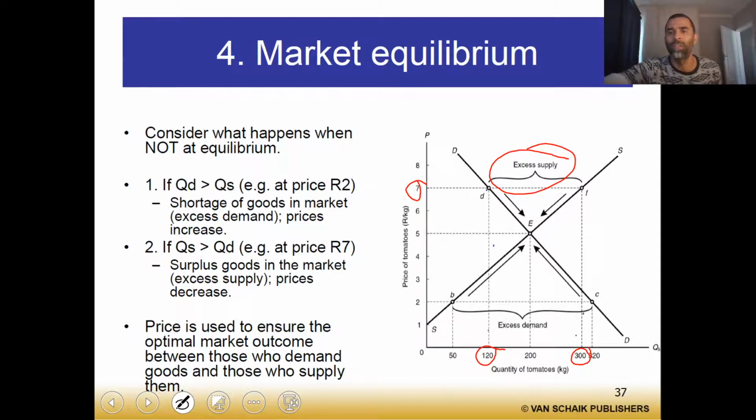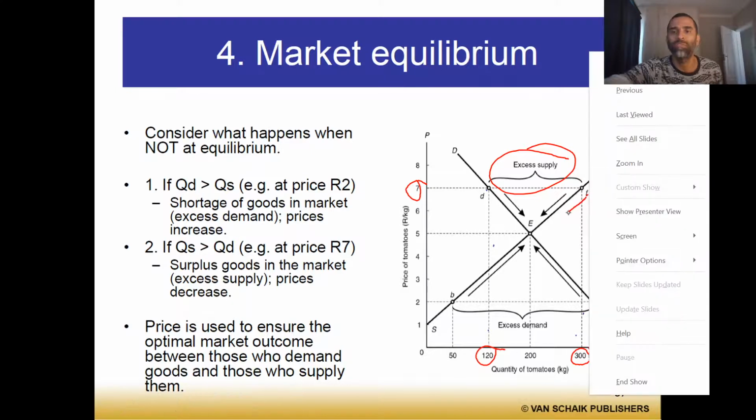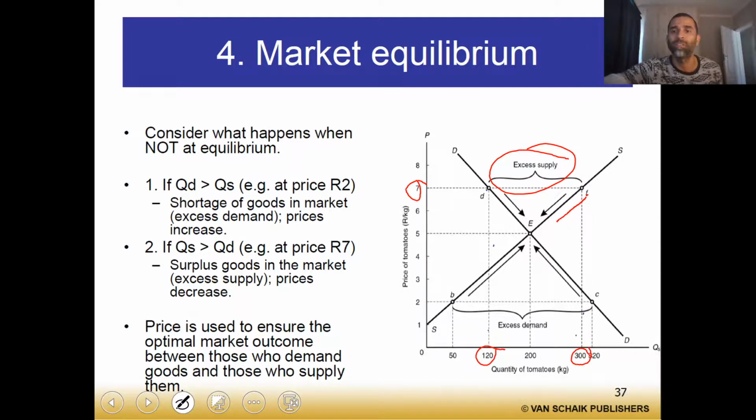And they will start lowering their prices, thus moving down along the supply curve. Of course, households respond to the price change and move down the demand curve, once again until an equilibrium price of 5 rand is reached with an equilibrium quantity of 200 kilograms.